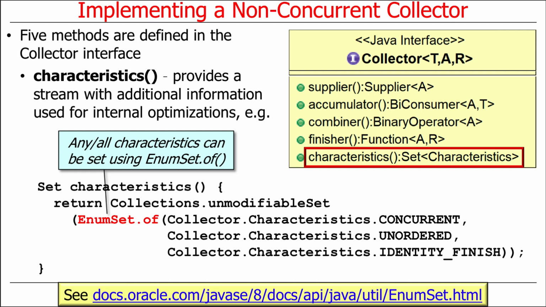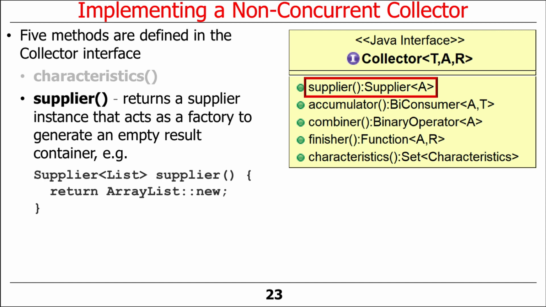In this case, we're giving all three of them. That would be somewhat unusual, but it's possible. And then we're returning it as a so-called unmodifiable set. An unmodifiable set simply means that once this set is set, the elements of the set cannot be unset. Kind of a mouthful, but that's what it means. Okay, so that's characteristics, and that sets the semantics.